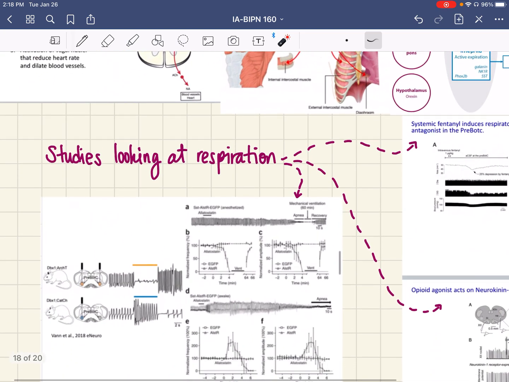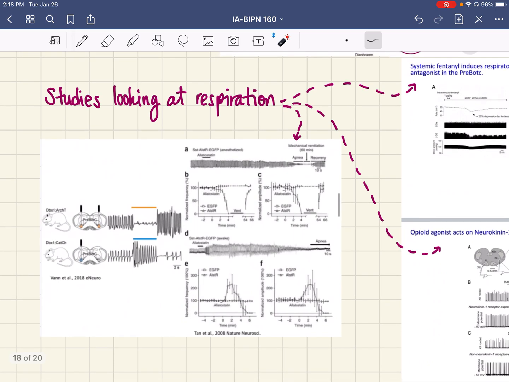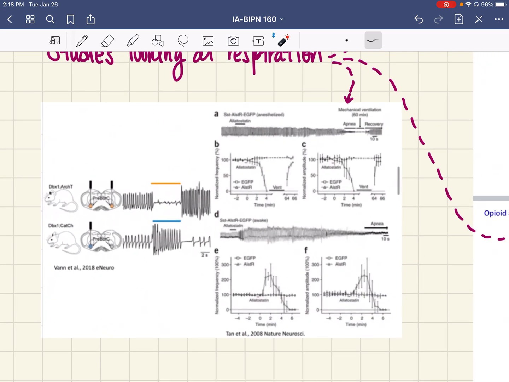Now let's talk about the studies that looked at respiration that Dr. Root talked about. In this study right here, if you're looking at the slides from lecture, what happened was they used the optogenetic tools that we talked about, halorhodopsin and channelrhodopsin. However, they didn't use those same exact ones.